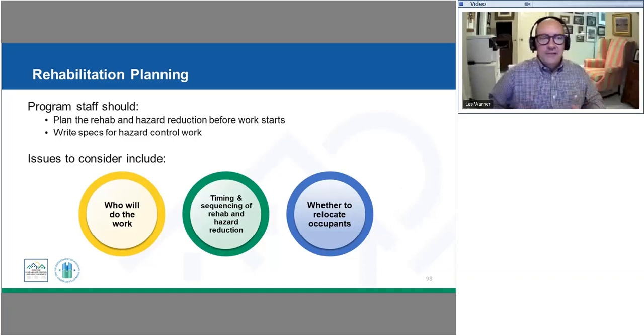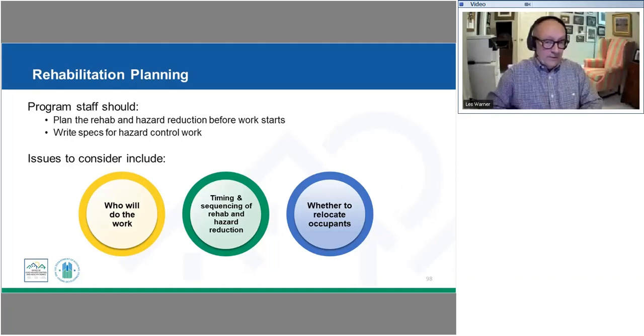In some cases, our analysis of that work might determine that maybe we've got a small bedroom that seems to be the only place, maybe that and something on the exterior, where we have lead hazards that need to be addressed.